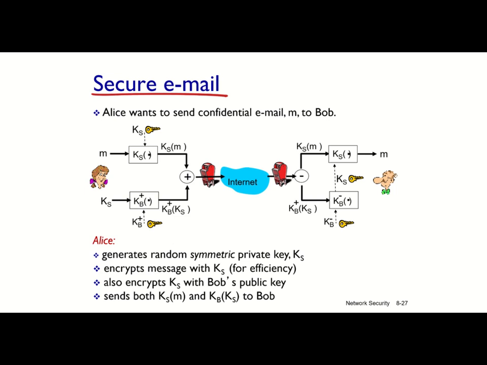Then on the other side, when Bob receives the message, Bob can simply apply his private key KB minus to the encrypted KS in order to retrieve the symmetric key KS. It's the one that was private, and only Alice and Bob have it now, and no one else can have access to it. Then using this KS, he can decrypt the message M by applying KS again to the encrypted message and retrieve the message M.